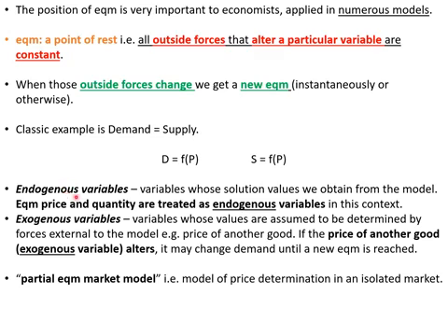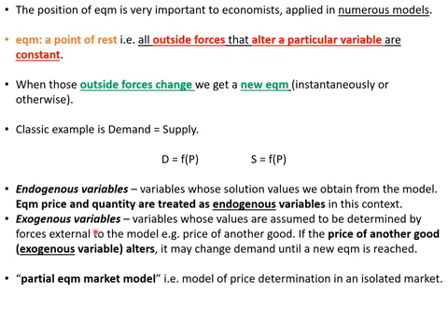So with an endogenous variable, we are referring to variables whose solution values we will obtain from our model. So in this example here, the equilibrium price and quantity are the endogenous variables.